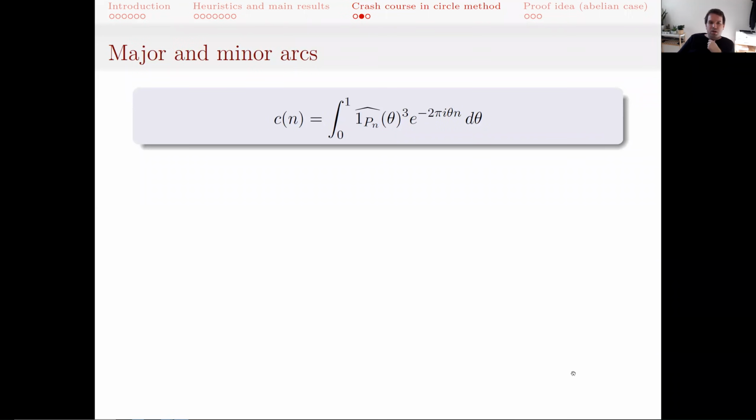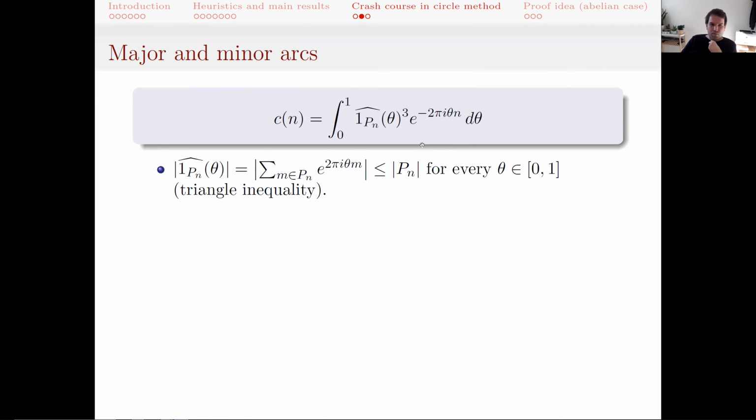Okay. So how can you estimate this integral? Well, this Fourier coefficient would obviously be heavily dependent on what exactly this value theta is. Obviously, by the triangle inequality, you can prove this upper bound, and this upper bound can actually be achieved for theta equals 0.